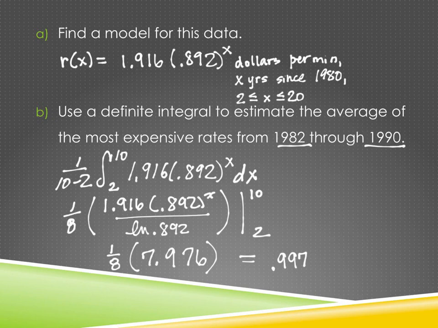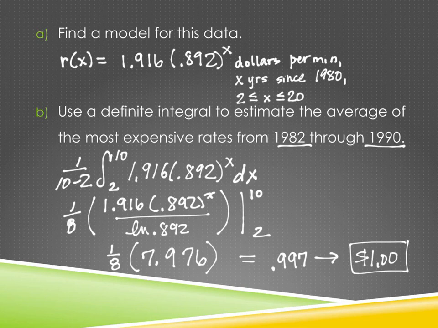So I need to round this off. So how will this round? Down to 99 cents or up to $1? Yeah, it'll round up to $1. So $1 is my average phone call price between those 2 years.